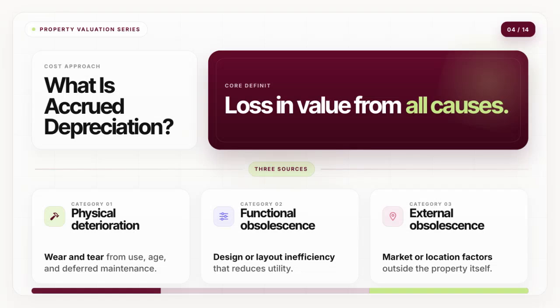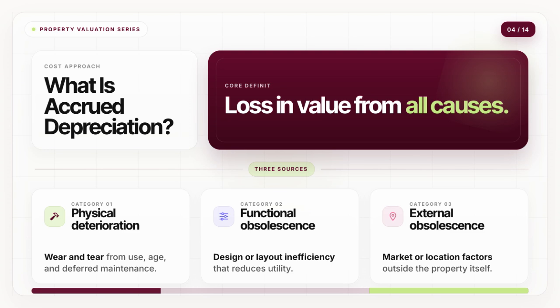Let's talk about accrued depreciation, an important concept in the cost approach to property valuation. Simply put, accrued depreciation is a loss in value that a property experiences from all causes over time. There are three main sources of this depreciation. First, physical deterioration, which is the wear and tear that happens due to use, aging, and sometimes deferred maintenance.